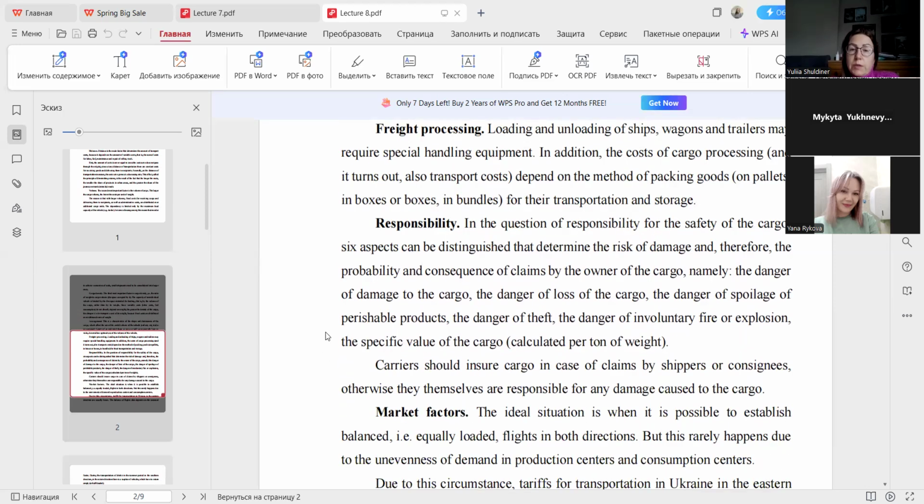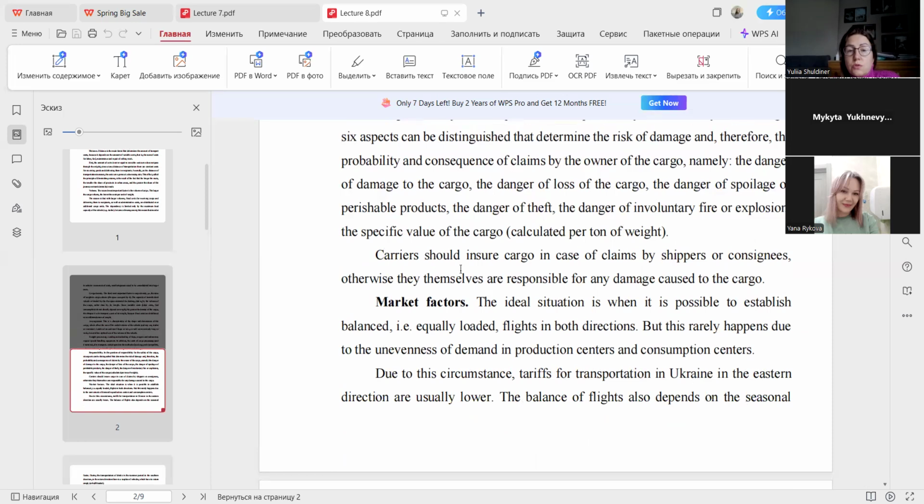Responsibility. On the question of responsibility for the safety of the cargo, six aspects can be distinguished that determine the risk of damage and therefore the probability and consequence of claims by the owner of the cargo, namely the danger of damage to the cargo, the danger of loss of the cargo, the danger of spoilage of perishable product, the danger of theft, the danger of involuntary fire or explosion, and the specific value of the cargo, calculated per ton of weight.